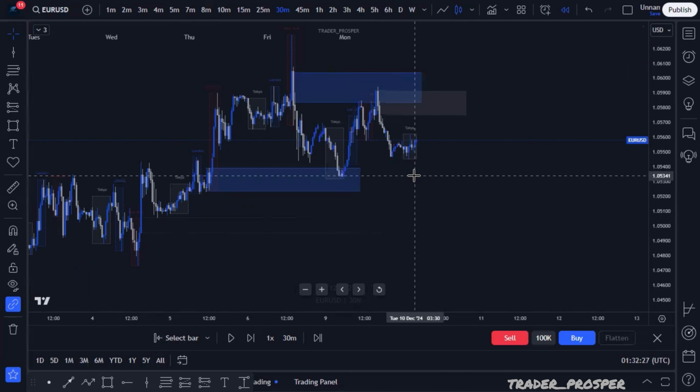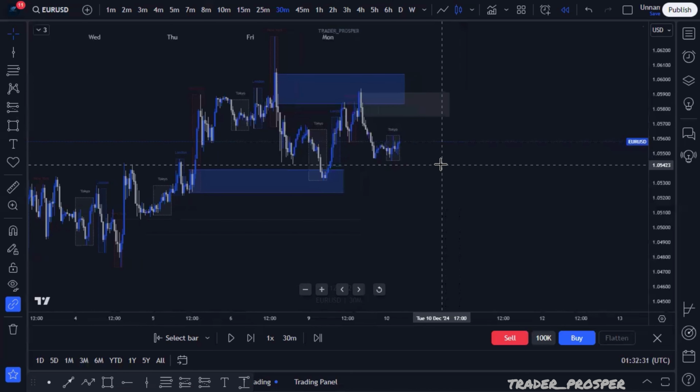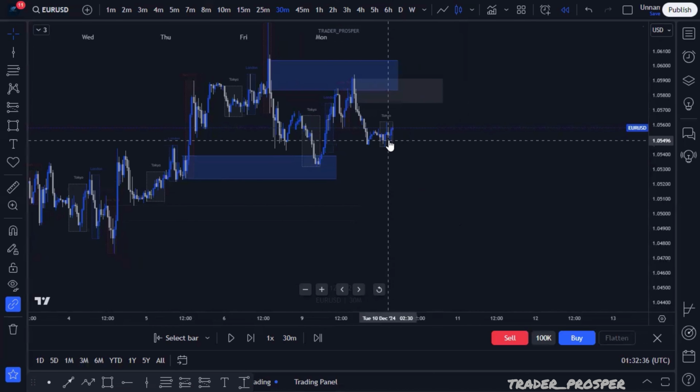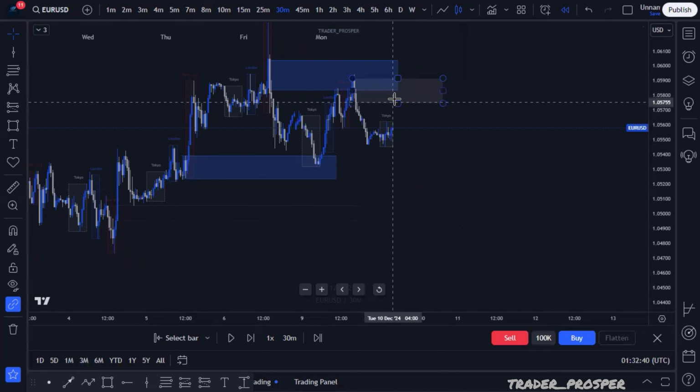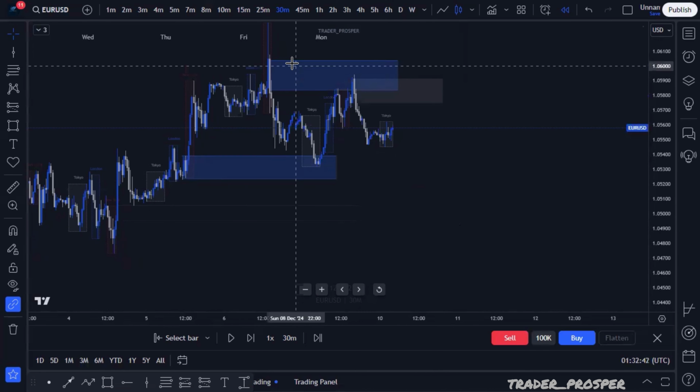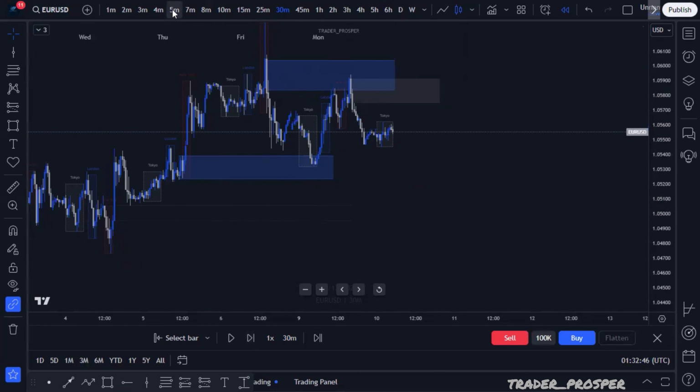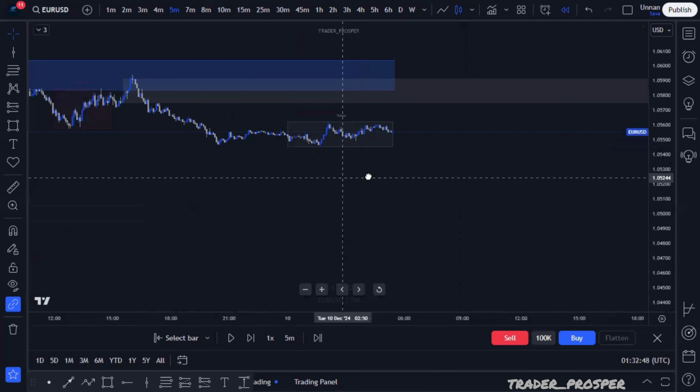Now you can see that some bearish movement is about to form in the market. So for today, which will be Tuesday, we want to see price mitigate this level of supply and see if we can get into some nice sell.